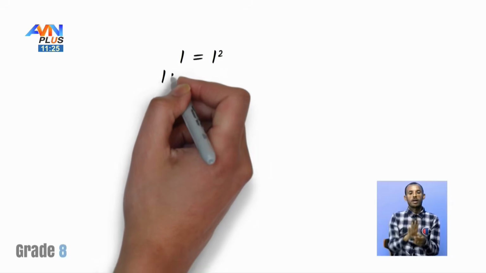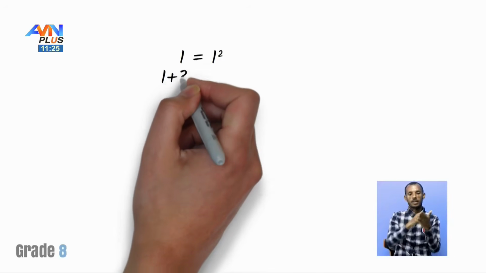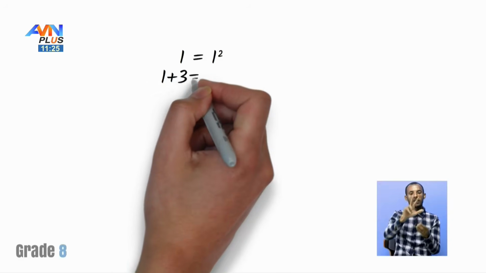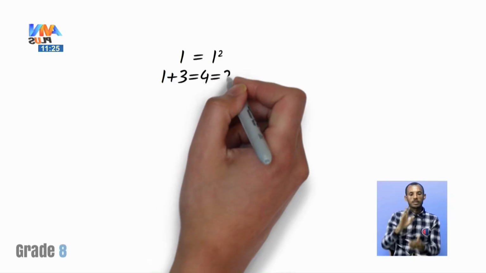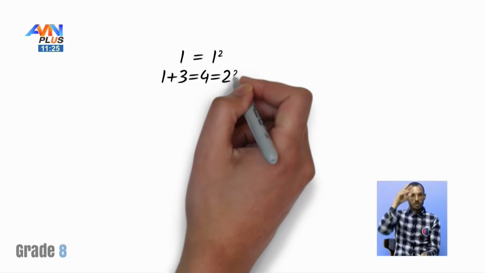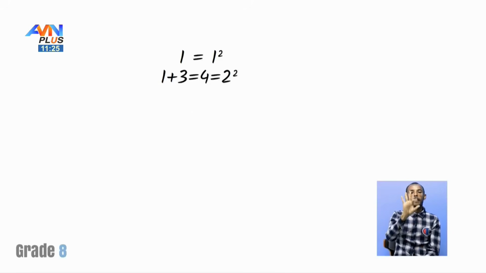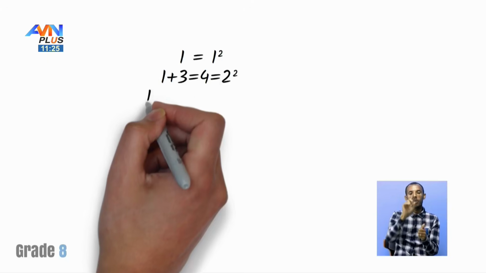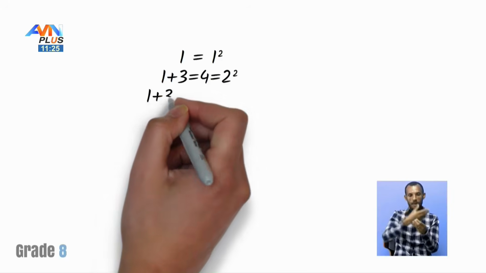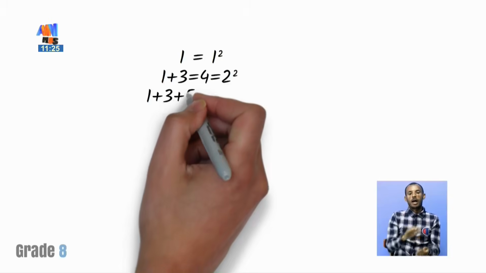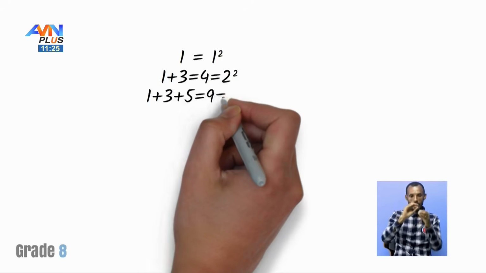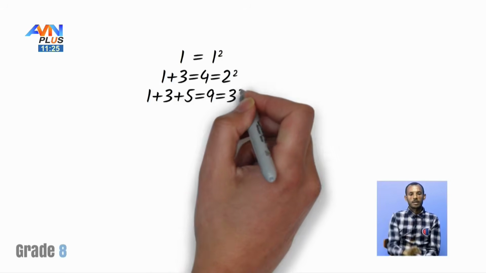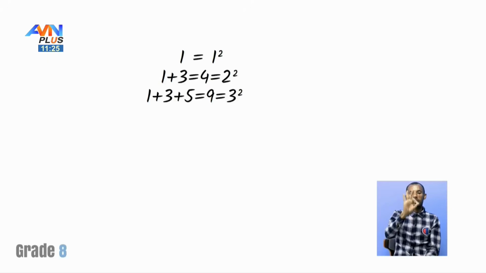And 4 can be written as 1 plus 3, which is 4, or 2 square. Okay? The next perfect square is 9, which is 1 plus 3 plus 5. As you can see here, the sum of these 3 consecutive odd numbers gives us 9. Okay? This is 9, and 9 is also a perfect square.